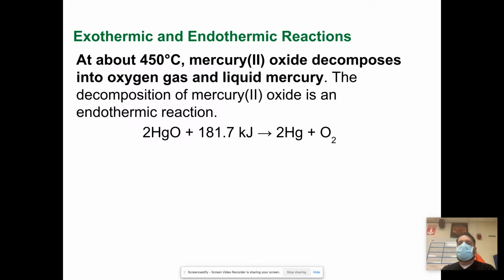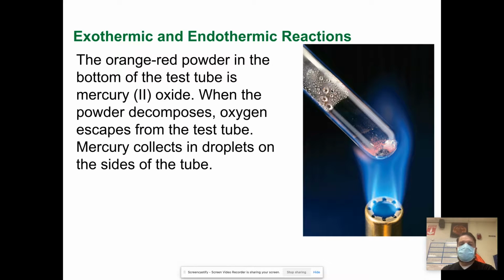At about 450 degrees Celsius, mercury oxide decomposes into oxygen gas and liquid mercury. So here you have a compound that if you heat it up, it will literally break down. The orange-red powder in the bottom of the test tube is mercury oxide.